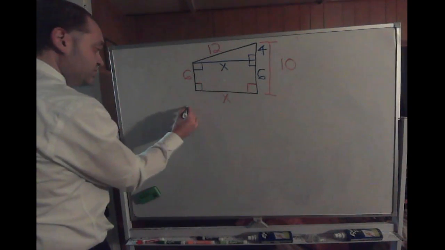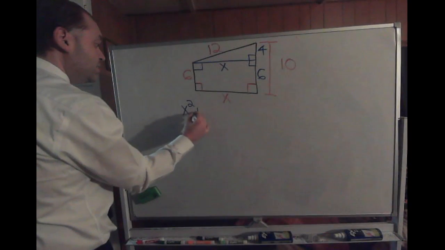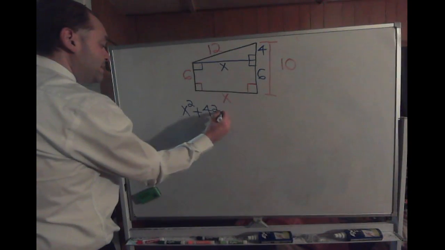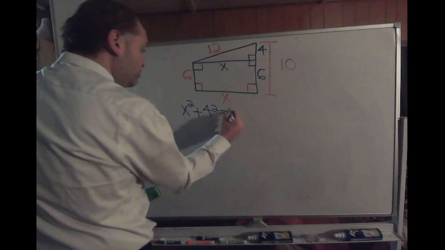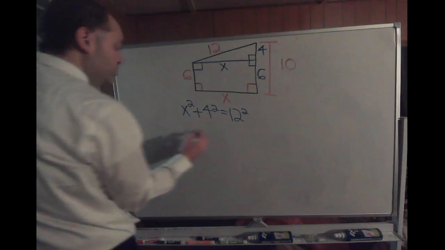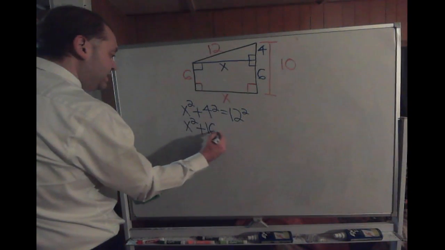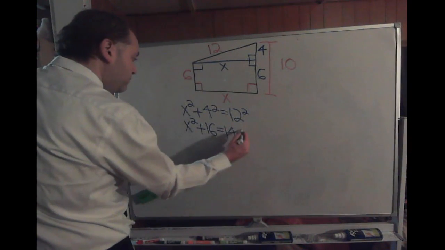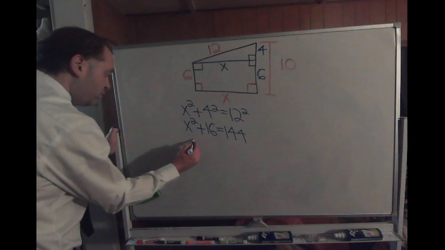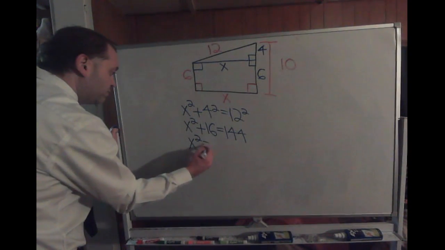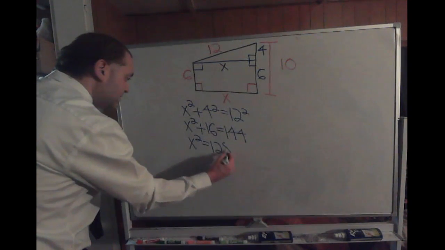Now all you have to do is take your x squared plus 4 squared and then set that equal to 12 squared, which would then give you that x squared plus 16 equals 144, which means that x squared equals 128.